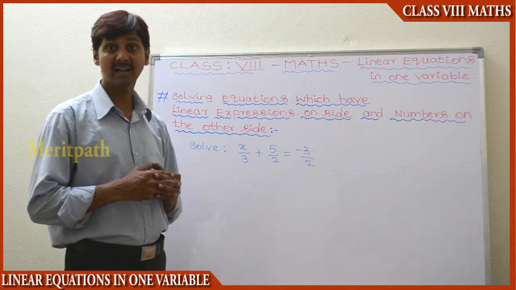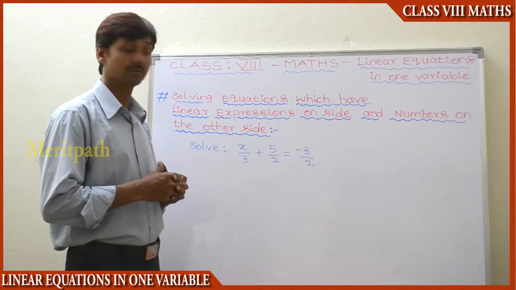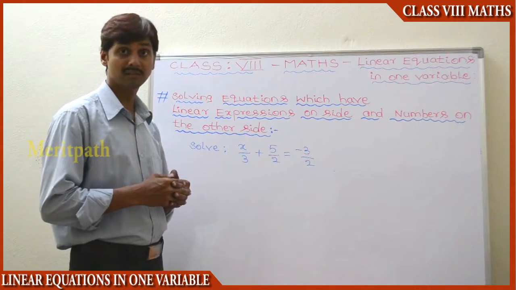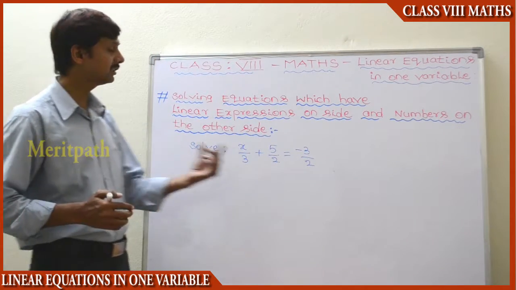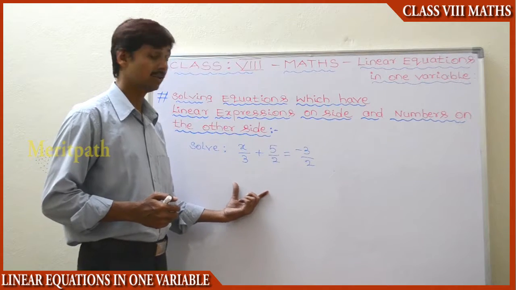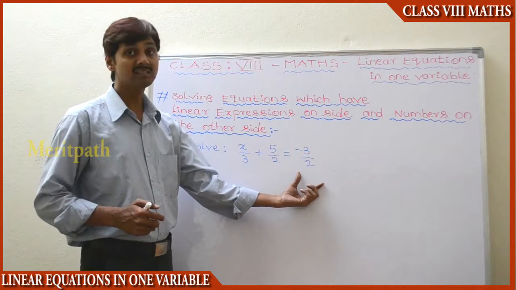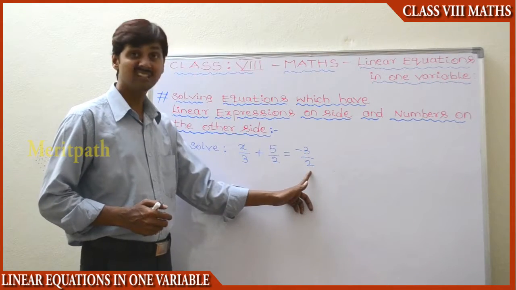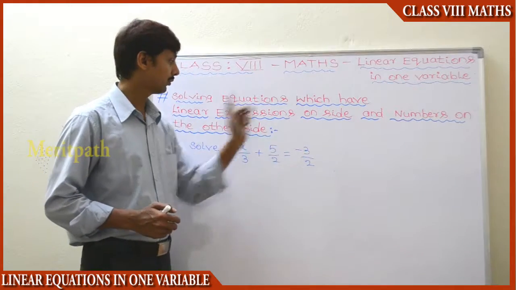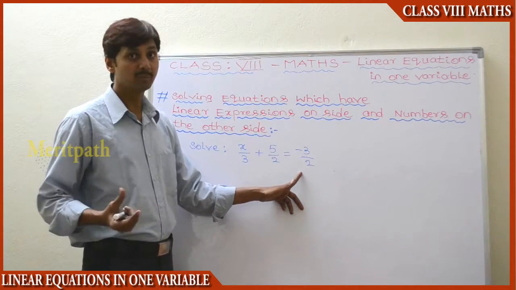So let's take an example. x by 3 plus 5 by 2 is equal to minus 3 by 2. So here we can observe there is a linear expression on one side and a constant value on either side. That is numbers or numerical values.